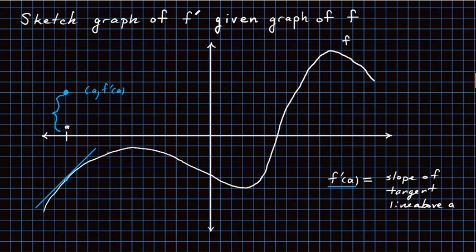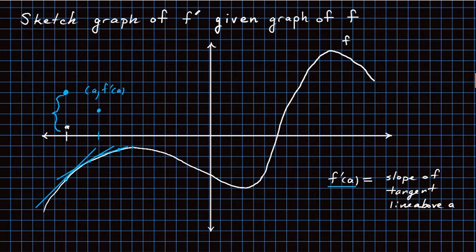Okay, that's true for all these points nearby A. Notice that this slope is a little bit less than what happens here at this point. So at this particular value of x, I'll have a smaller slope. Maybe that'll be the height. That height represents how big this slope is.